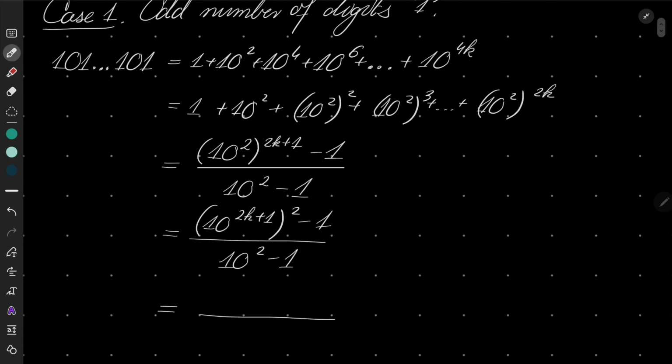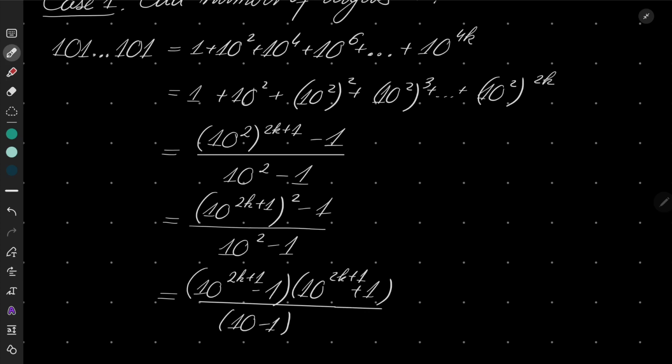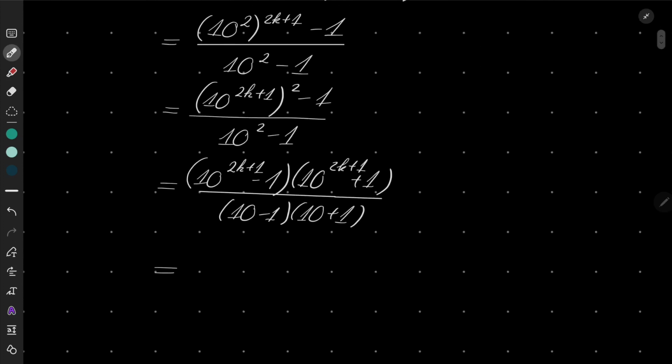And now I will factorize it as 10 to the power 2k plus 1 minus 1 times 10 to the power 2k plus 1 plus 1. Okay. And I will factorize the denominator. It's 10 minus 1 times 10 plus 1.